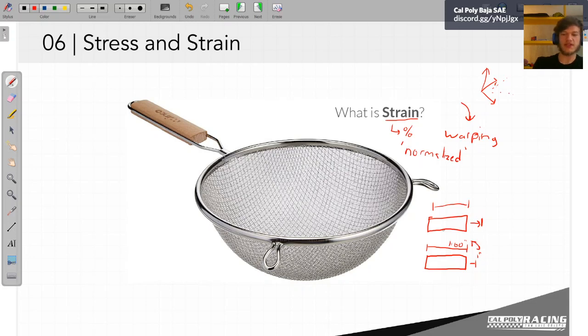Obviously in a bridge, there's a lot more material that has a chance to move. If we were to displace this 100-inch bar a whole foot, that would mean we'd stretch it this much, whereas with our 100-foot bridge, displacing it a foot isn't nearly as dramatic.